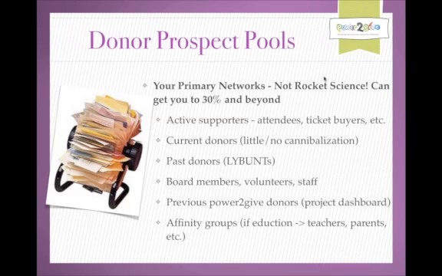Again, when we think about prospect pools, those of us in development know that the primary networks, again, this is not rocket science, but these are the folks that know and love you, your active supporters, your current donors. And don't worry about cannibalizing. You're not going to cannibalize a $500 annual gift with a $25 Power to Give gift. That would be just silly.